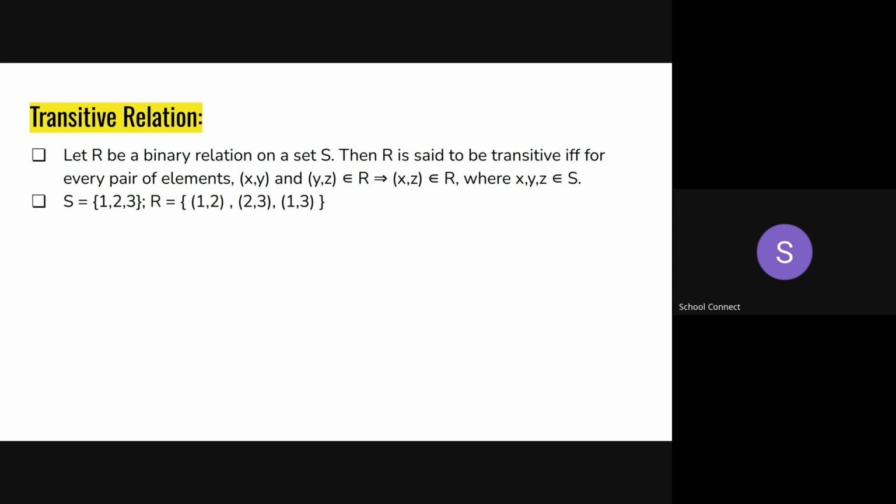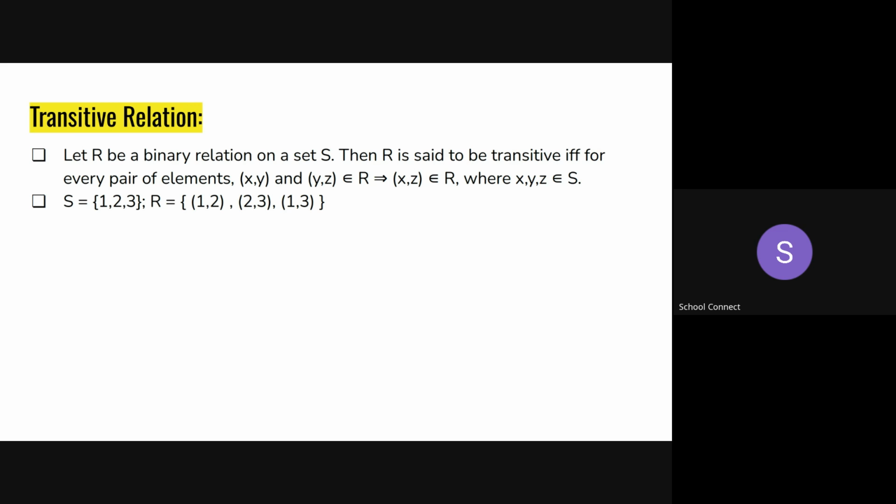So I repeat, in order to check for transitivity, you need 3 elements basically. So you have to take 2 elements which are of the form (x, y) and (y, z). So the element which ends with y and the other element should start with y. So (x, y), (y, z).